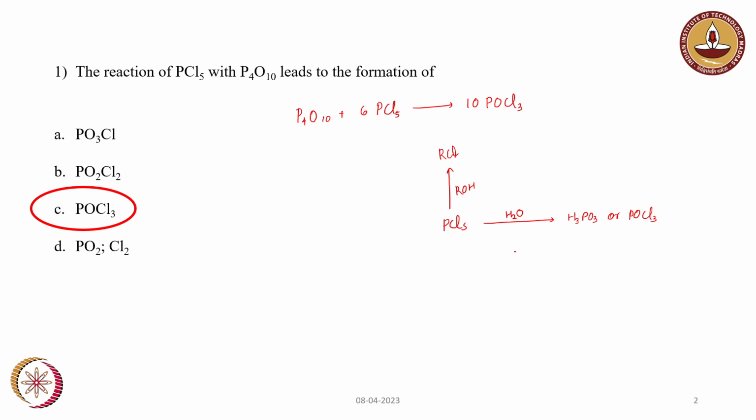And with KHF2, KPF6 is produced. KHF2 is a fluorinating agent.